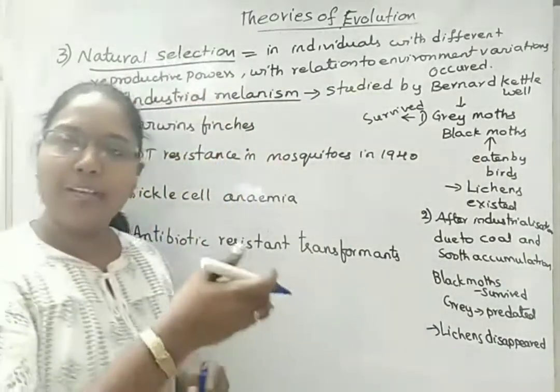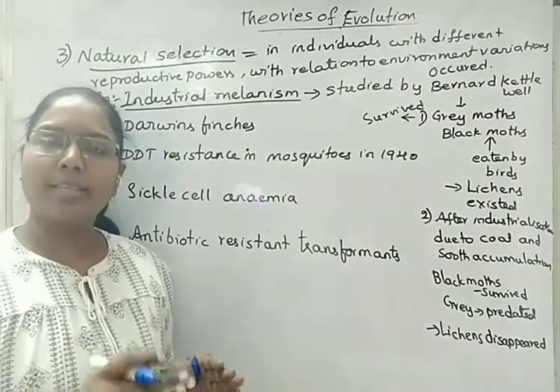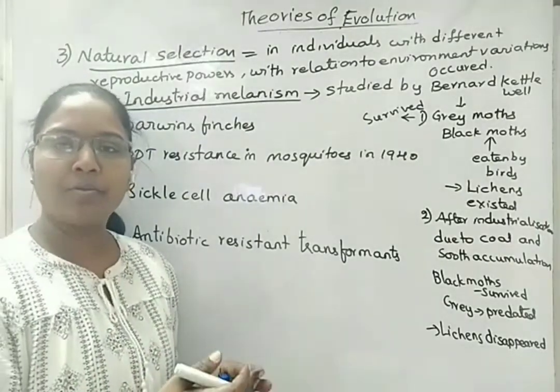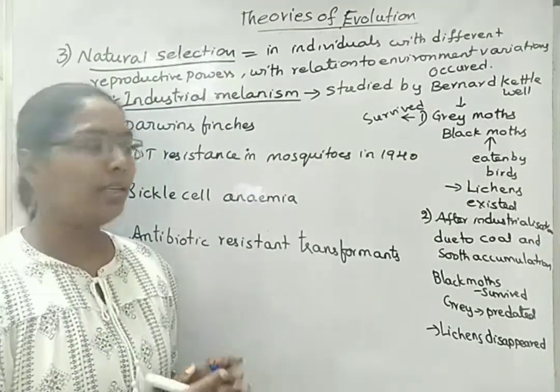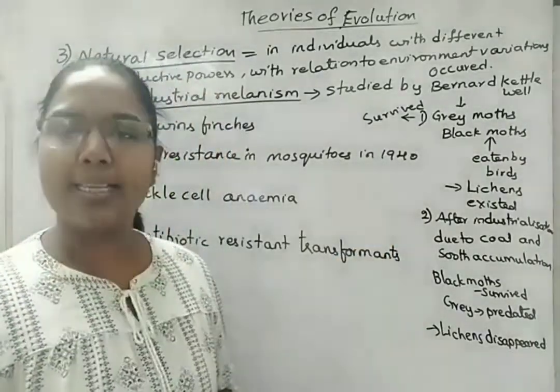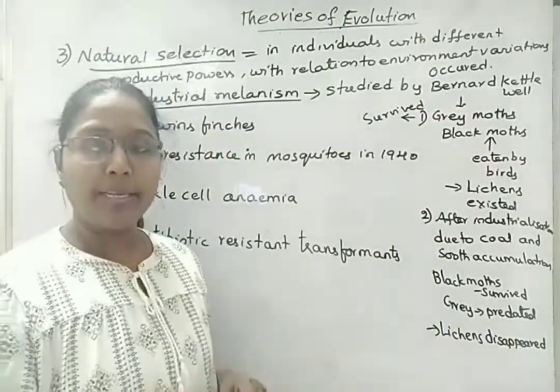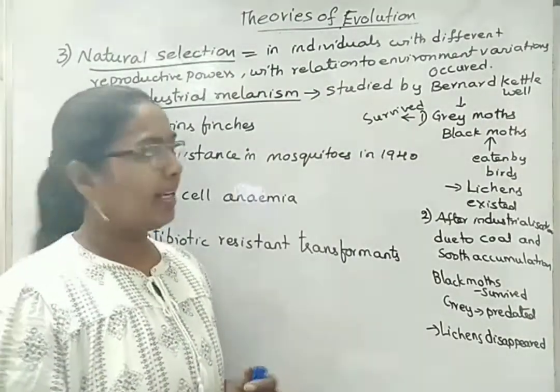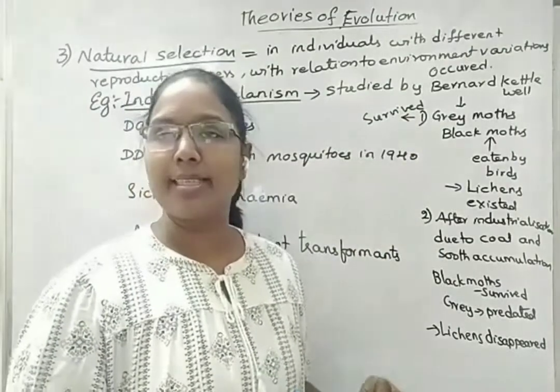Now, when people have started some steps to decrease the pollution, again equal numbers of grey moths and black moths existed. But if there is complete removal of pollution there, again the grey moths can exist there.